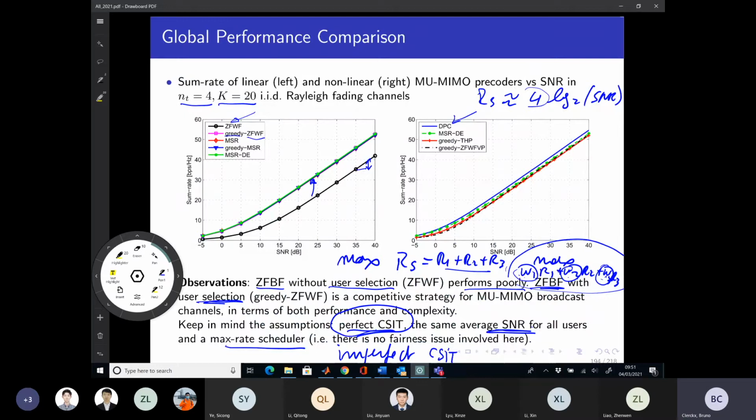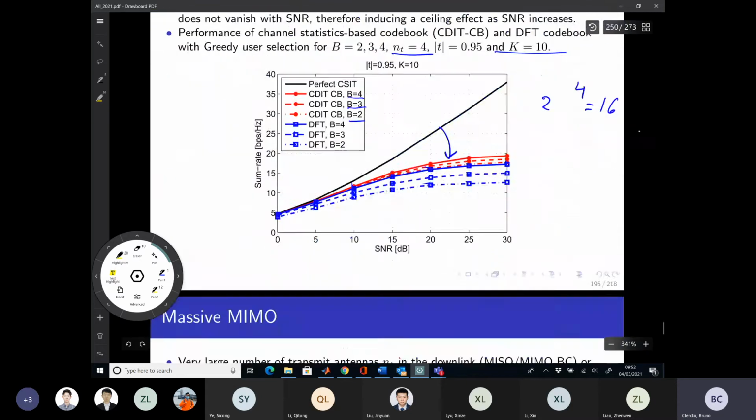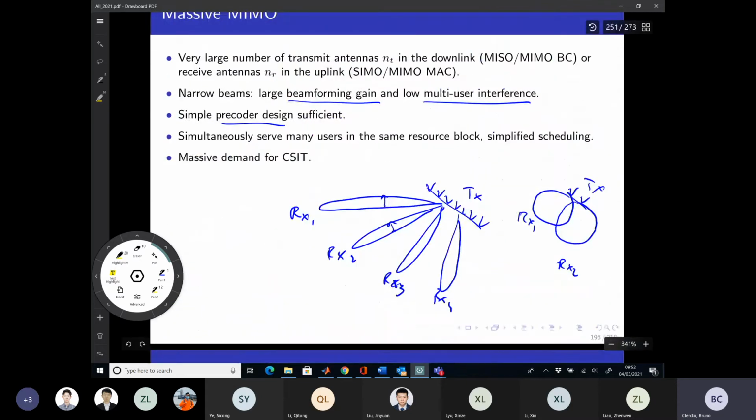Typically it means the channels have to be kind of orthogonal to each other. When you go to massive MIMO, because the channel of one user is likely to be orthogonal to the channel of another user by the law of large numbers, I will show you this in a moment, you can relax the design of the scheduler to some extent, right? So that leads to a simplified scheduler as well.